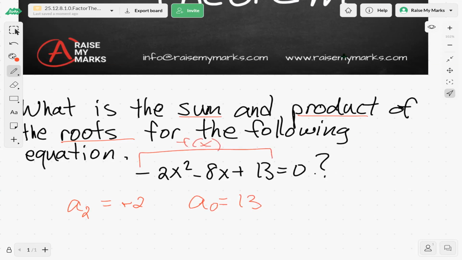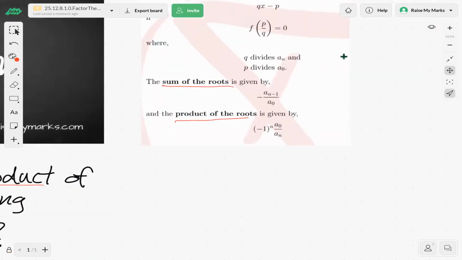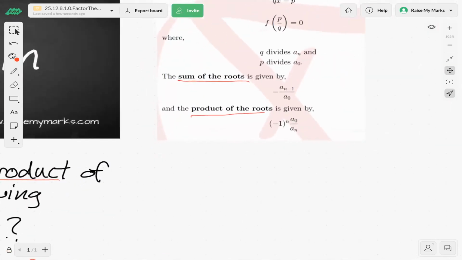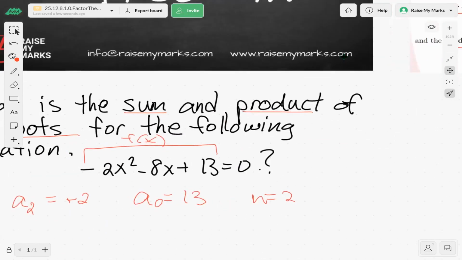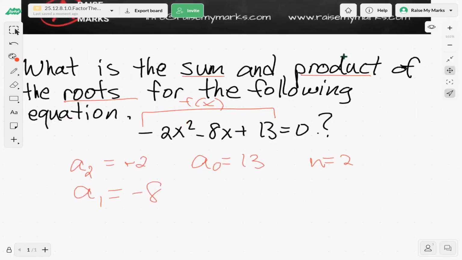That's our polynomial. Our degree n equals 2. So our sum, we'll go back here, the sum of the roots is negative a sub n minus 1 over a0. So what is a sub n minus 1 in this case? That would be a1, which equals negative 8. I think we have everything we need.